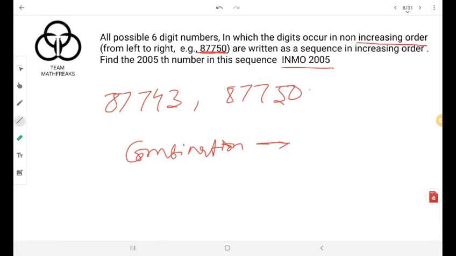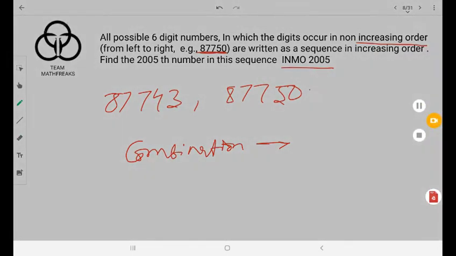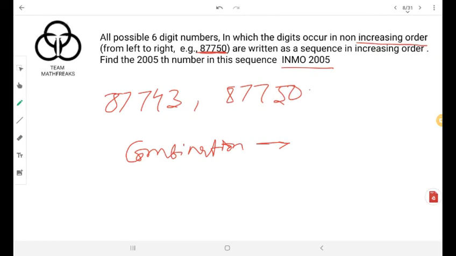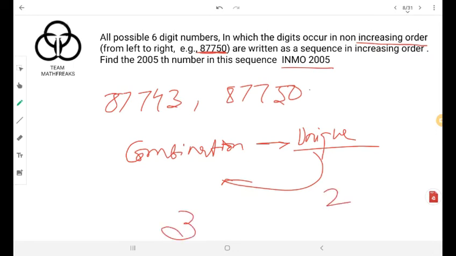And suppose we want a unique arrangement, then also we can use the concept of combination. Suppose we want two unique arrangements with a combination of three different objects, then the combination will be multiplied by 2.